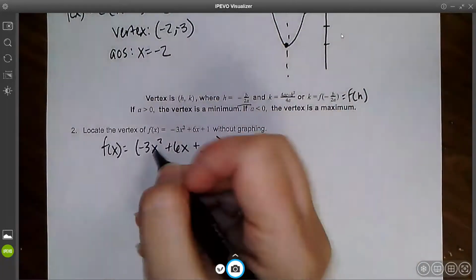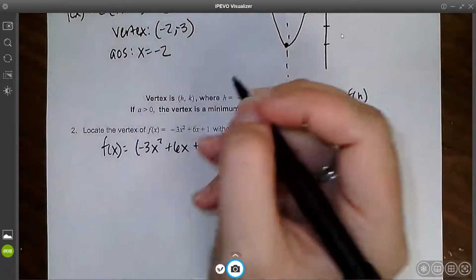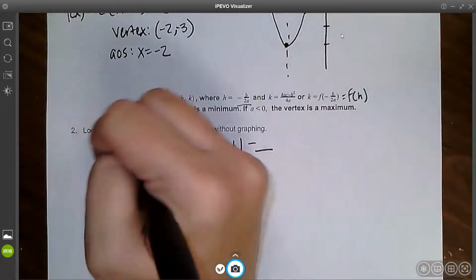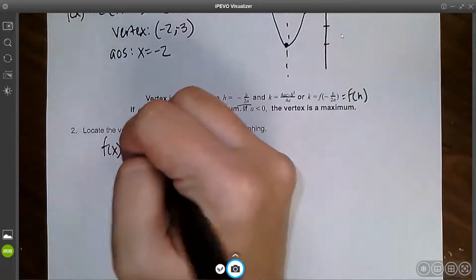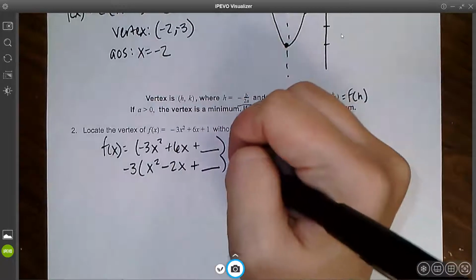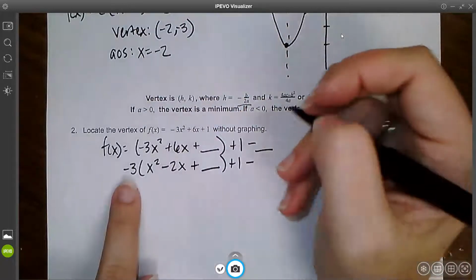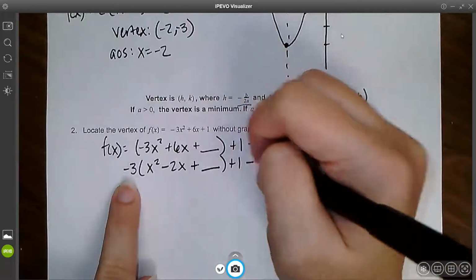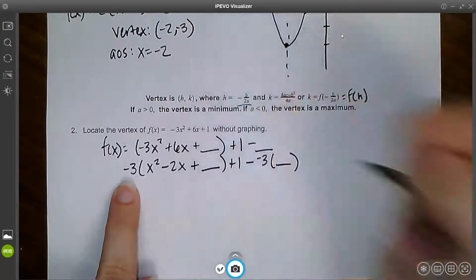Take out my GCF between these two terms without the x. So that's just -3, and then I have x squared minus 2x, still going to be plus something, plus 1 minus, now I'm going to have -3 times my something.